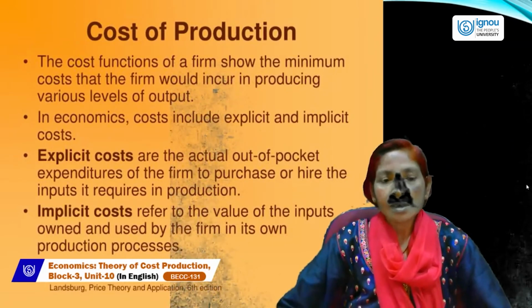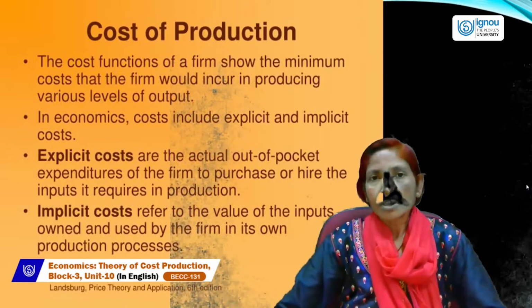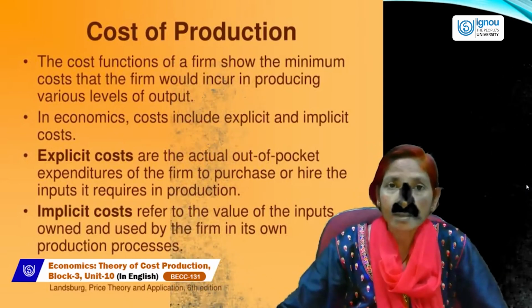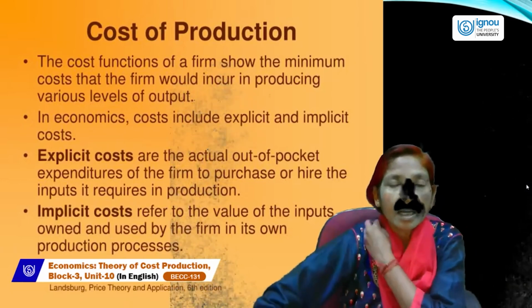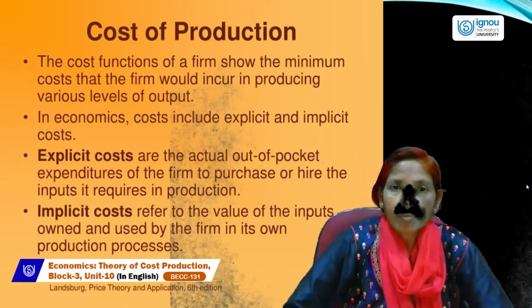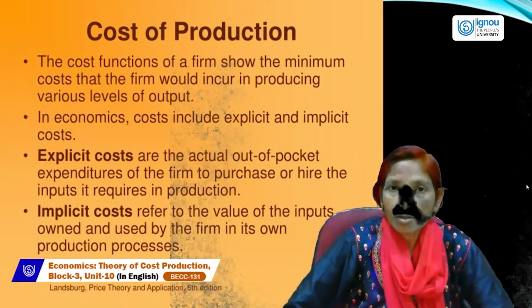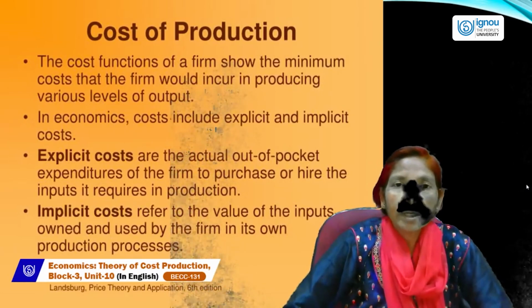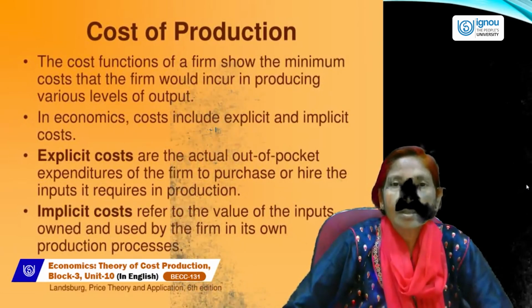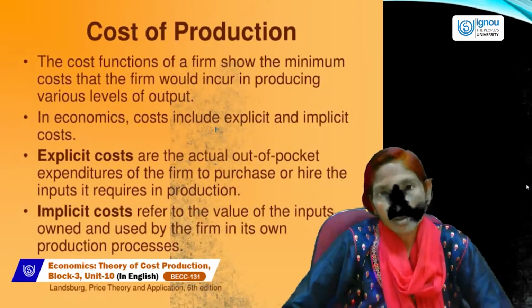But if he hires land from other sources, then he has to pay rent. So this is a cost, but not visible. That's why it is known as implicit cost or indirect cost.